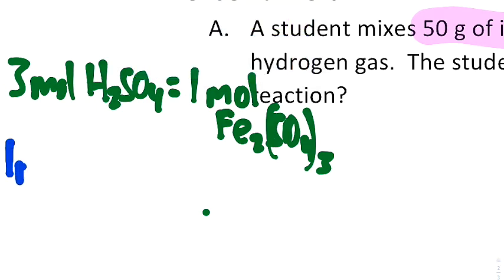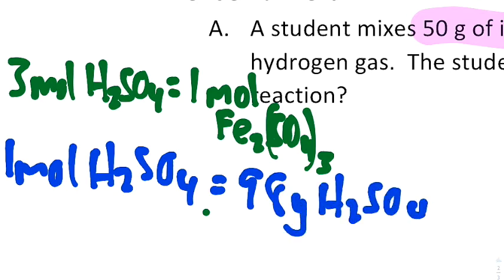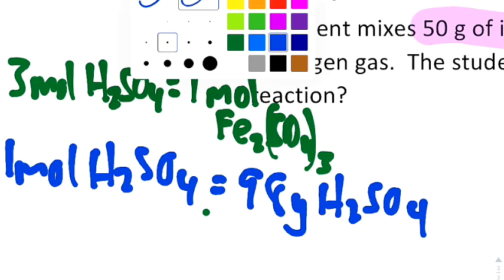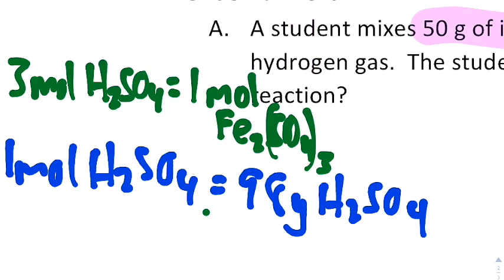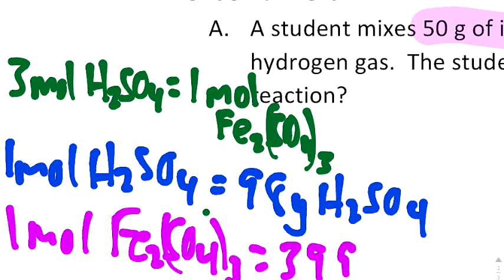So 1 mole of H2SO4 equals 98 grams of H2SO4, and we've already found the molar mass of our iron 3 sulfate. So 1 mole, we need that again, Fe2(SO4)3 equals 399.7 grams of Fe2(SO4)3.